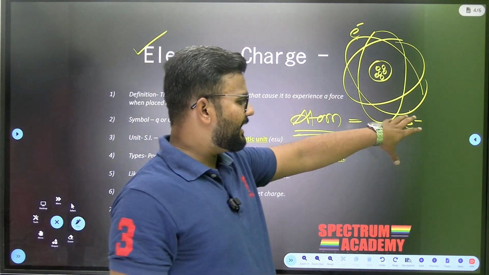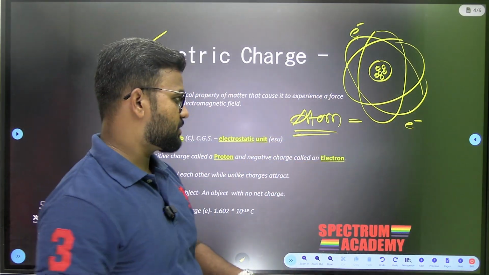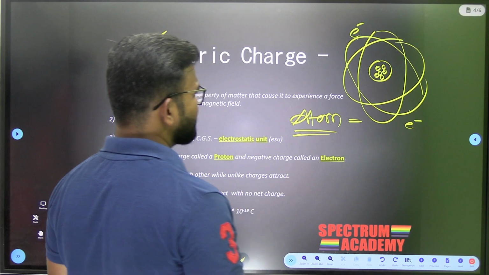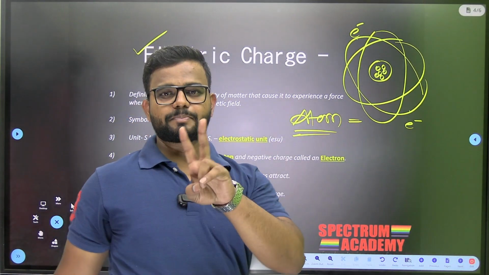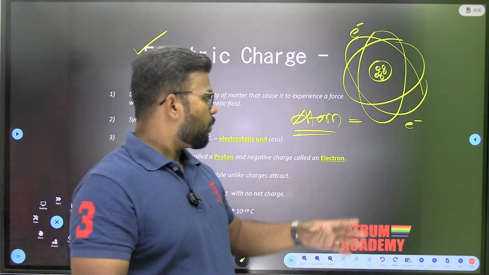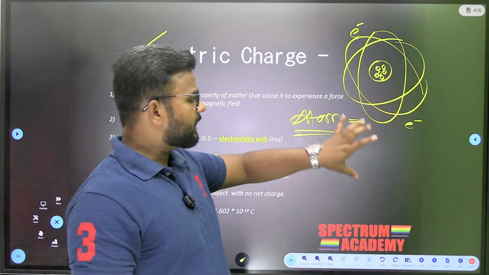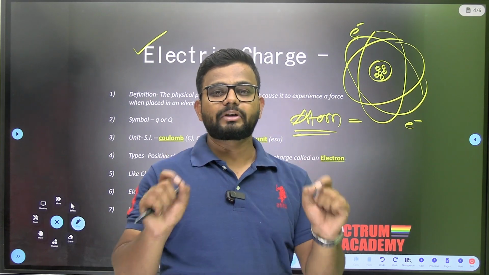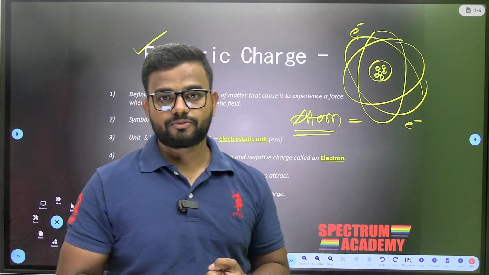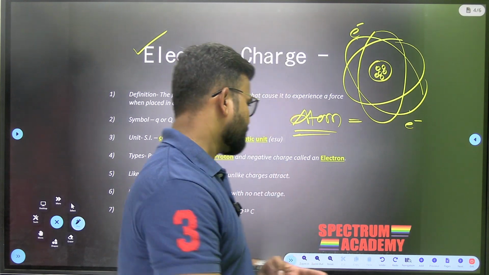So these electrons carry negative charge. Now my dear friends, here we can understand that there are two specifically charged particles. One carries positive charge and another one carries negative charge. So there are two types of electric charges, one is positive charge and one is negative charge.